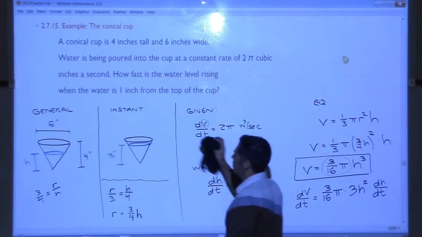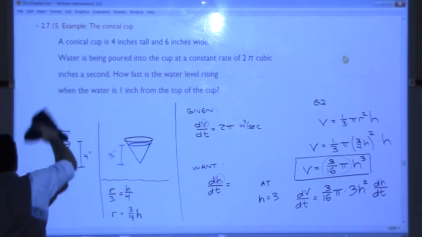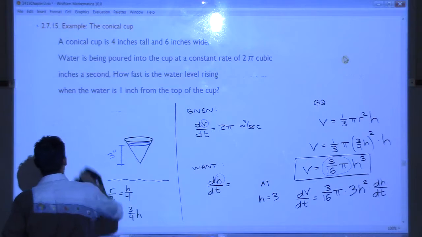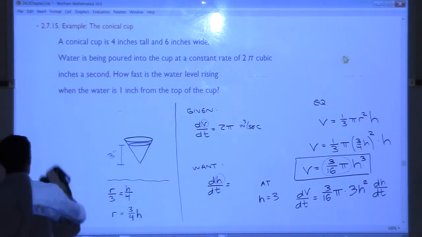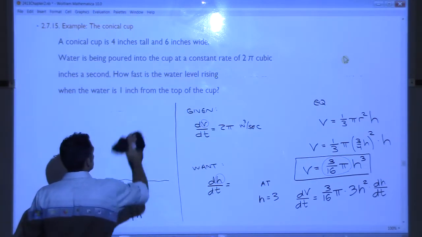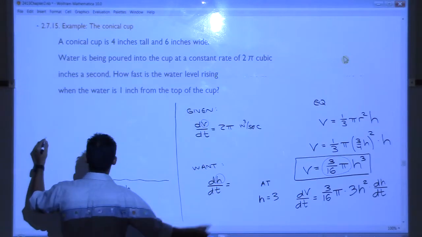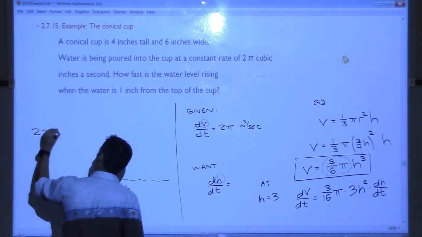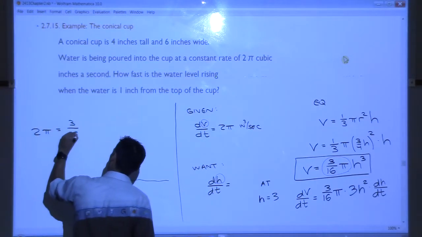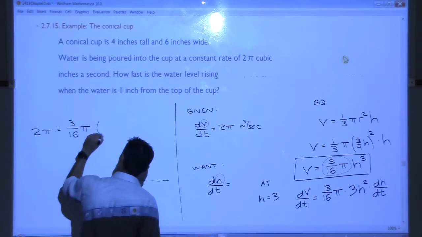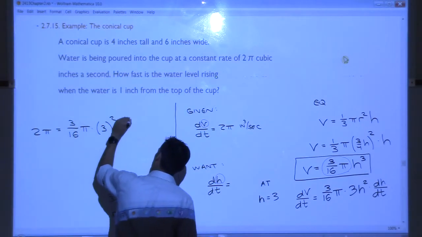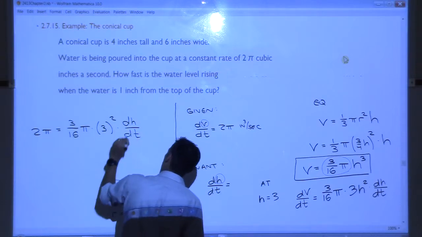We've come this far. So what we have now, filling things in, would be dV/dt, which is 2 pi, equals 3/16 pi times 3 squared times dh/dt, right?